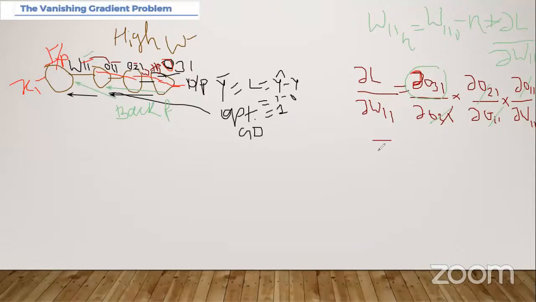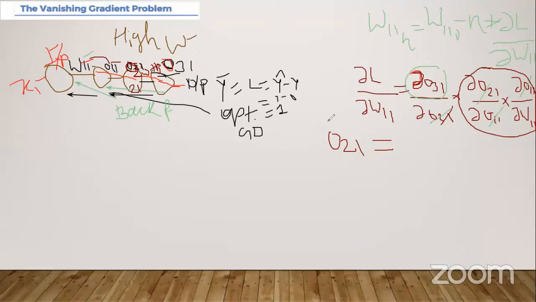So when I say I have to take a derivative in this fashion, I can write this O21 term separately. Let's see how I can write O21. O21 is here, right? This is the layer 2, neuron 1 output, O21. So O21 will always consist of what?